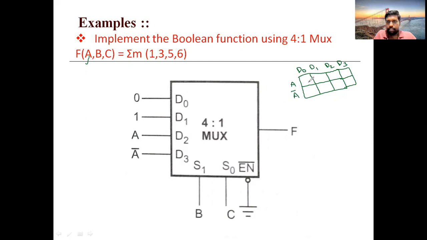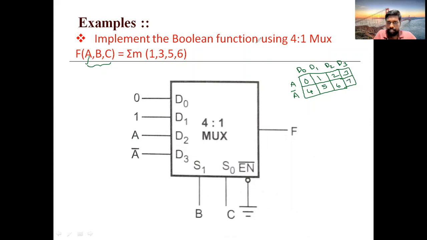And then see here, as we are having 3 variables, you will have a total of 8 combinations, right? So right here from 0, 1, 2, 3, 4, 5, 6, and 7.